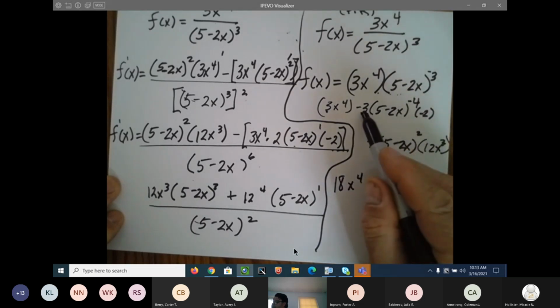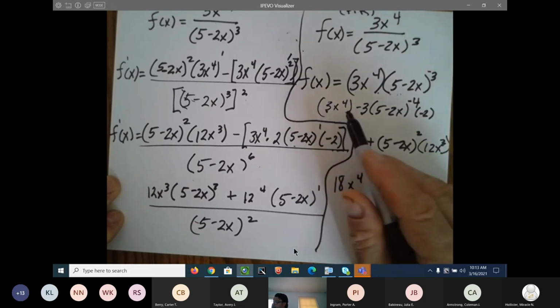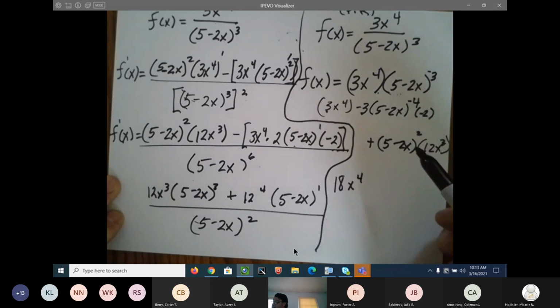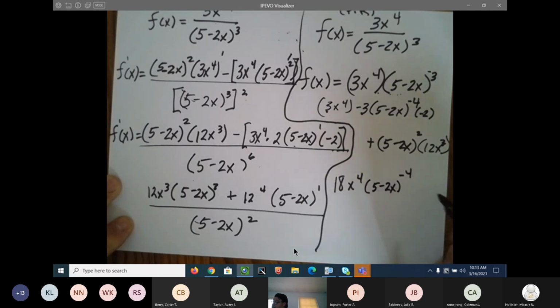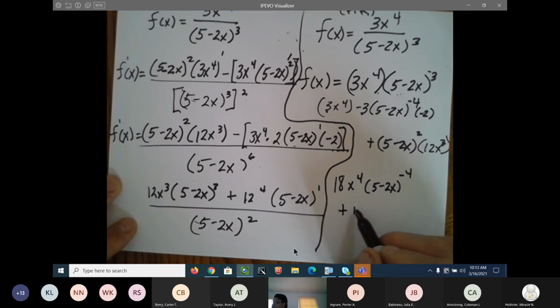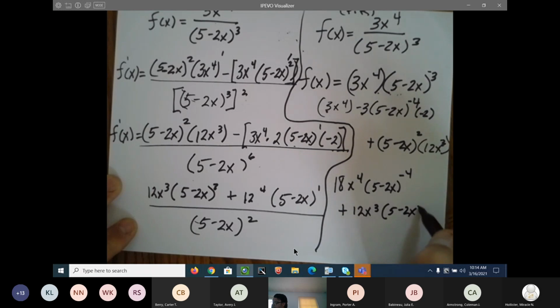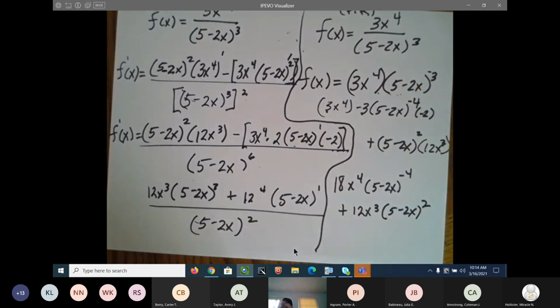Negative 2 times negative 3 is 6. 6 times 3 is 18x to the fourth times 5 minus 2x to the negative fourth, plus 12x to the third times 5 minus 2x quantity squared.